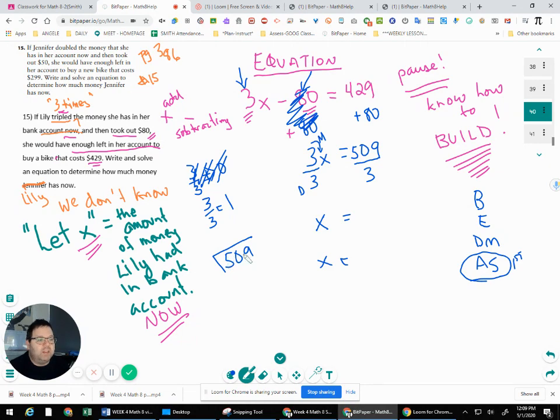Too bad it's not 510 because I know what the answer would have been. But anyways, I know that 160 will go onto this. So this is 480. That's not a 9, that's a 4. 480. Okay, so 9. And 50 minus 48 is 2.